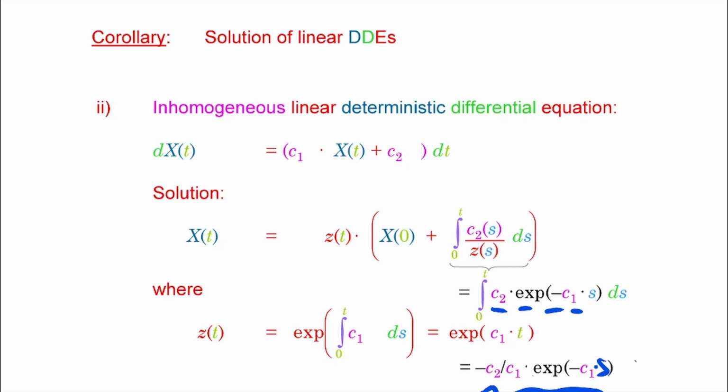Based on the chain rule, you get the constant, negative C2 over C1, times the derivative e to the power of negative C1 times s, times the inner derivative, which is negative C1. Since you have C1 inside, this cancels out, and the negative signs cancel too. So you get this back if you differentiate that function.